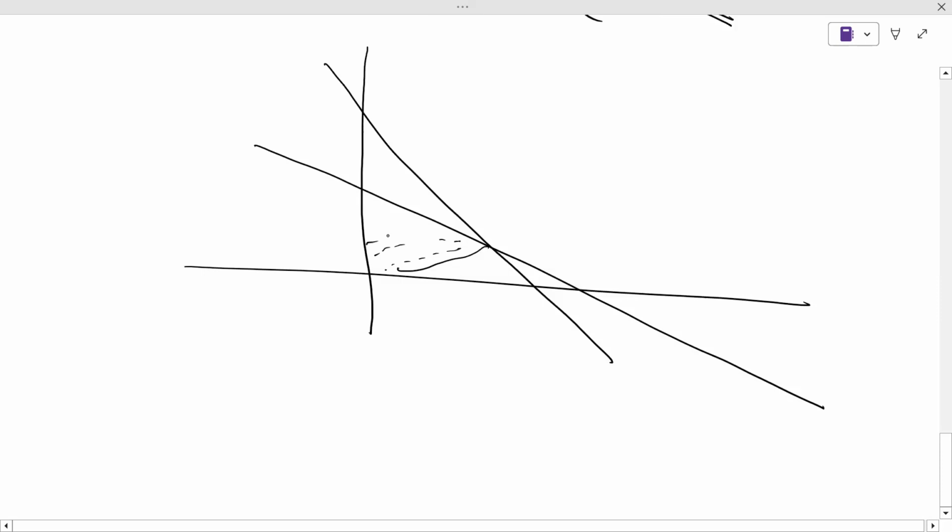Just see the dotted line here. O, A, B, C is the common region for this graph, which is less than or equal to, and this graph, also less than or equal to. Then both graphs have a common region, that common region O, A, B, C. So O, A, B, C is called the feasible region.